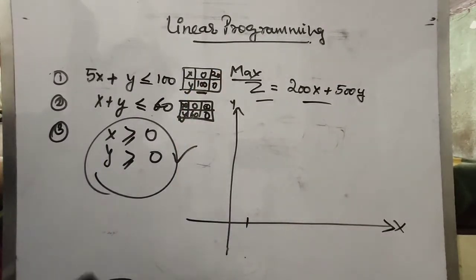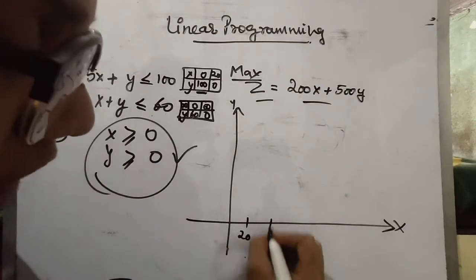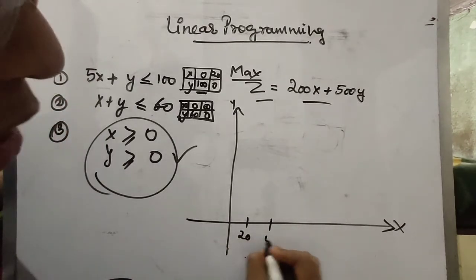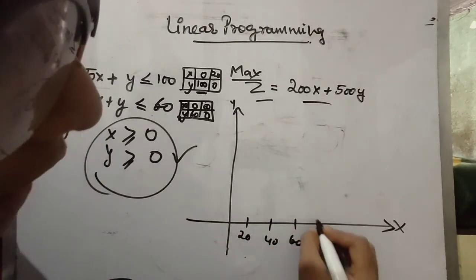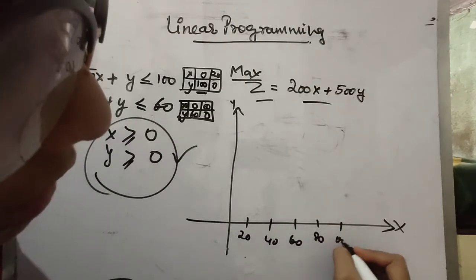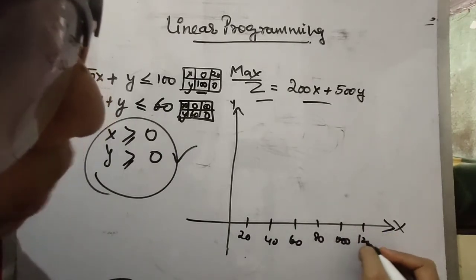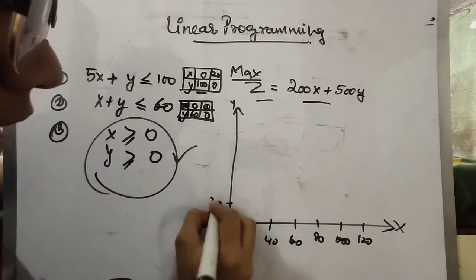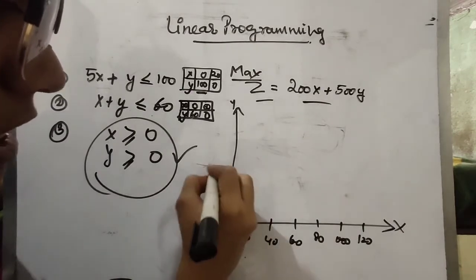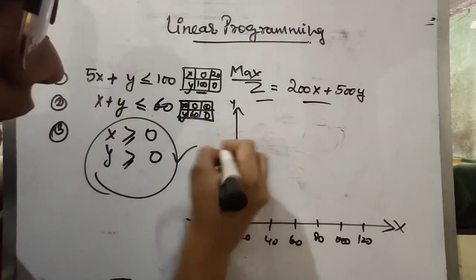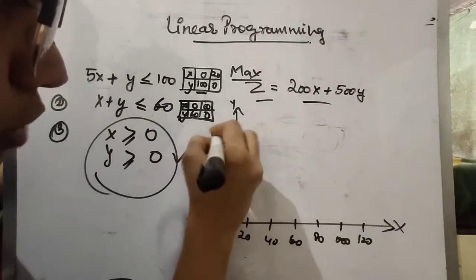Either you can take 20 gaps, so I am taking 20 gaps here: 20, 40, 60, 80, 100 and 120. Again on the other axis, 20, 40, 60, 80, 100 and 120.